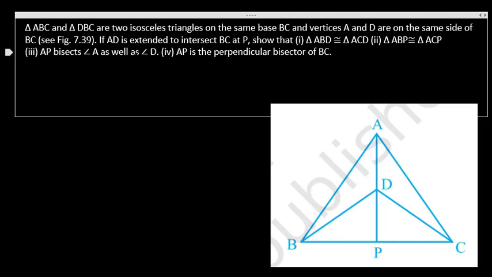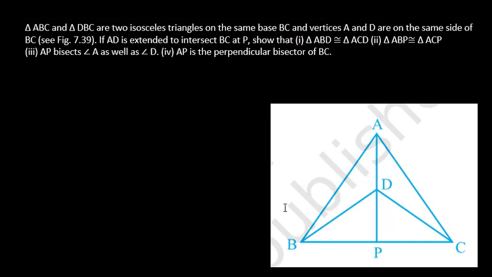If AD is extended to intersect BC at point P, show that triangle ABD is congruent to triangle ACD. Second, show that triangle ABP is congruent to triangle ACP. Third, show that AP bisects angle A as well as angle D. And fourth, show that AP is the perpendicular bisector of BC. Okay, so in one question we have four questions to deal with.